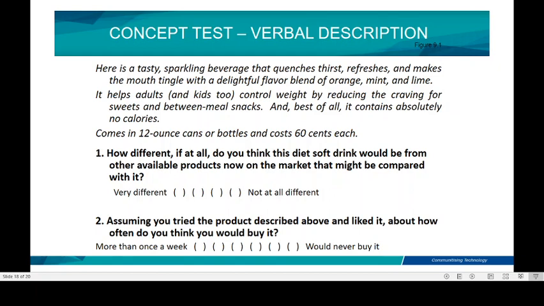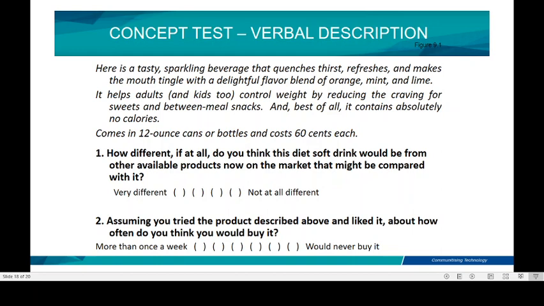For example, you are producing a tasty sparkling beverage. However, it can reduce the craving for sweets and between-meal snacks, which can help adults and kids. It costs 60 cents.